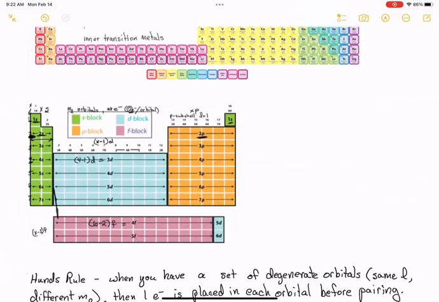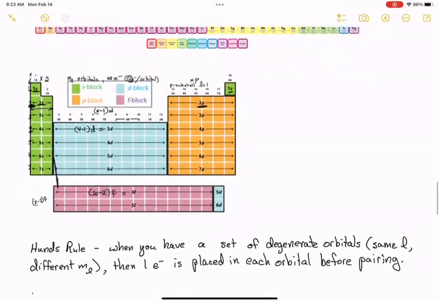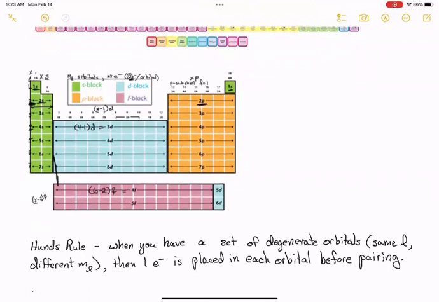Now, before we get into doing electron configurations, the next thing we need to do is talk about Hund's rule. Hund's rule says when you have a set of degenerate orbitals, you'll place one electron in each orbital before pairing. Basically, you'll have a set of degenerate orbitals anytime you're talking about a p subshell, a d subshell, or an f subshell.